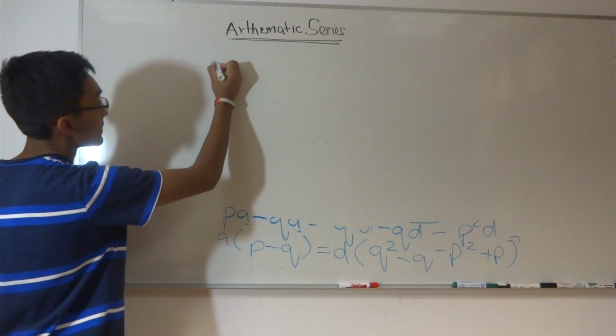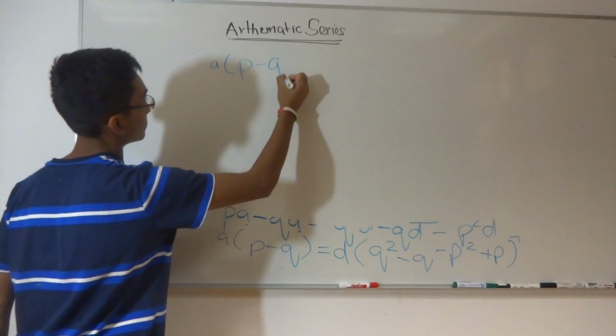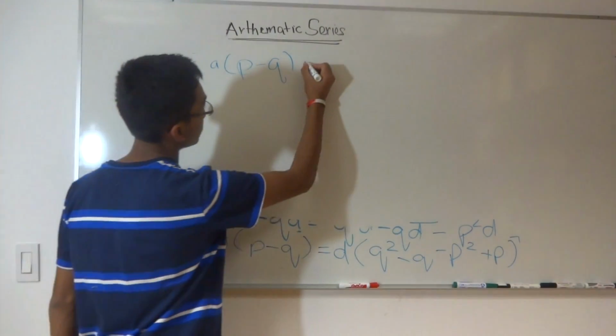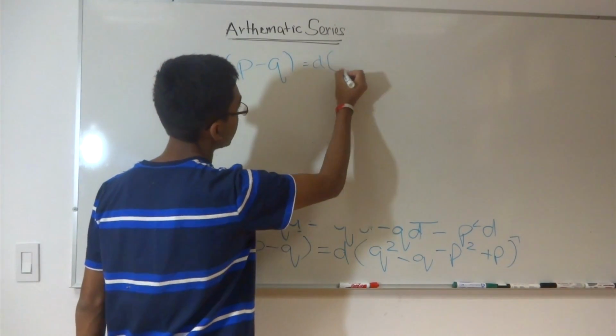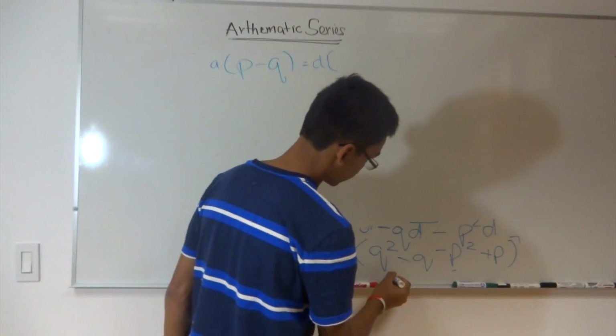Let's go. a times (p minus q) is equal to d times, and guys, q squared minus p squared.